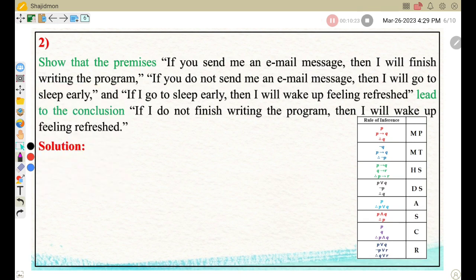Okay, so let me convert the wordings first, to take what the P, Q, R statements are here. For example, P. What is the P statement we are taking? If you send me an email message, correct?